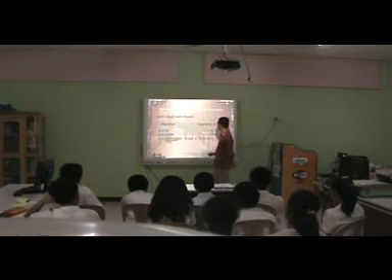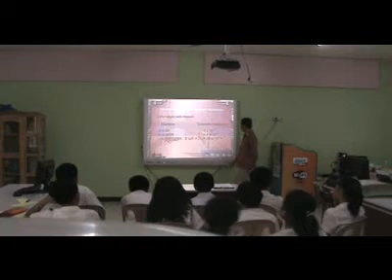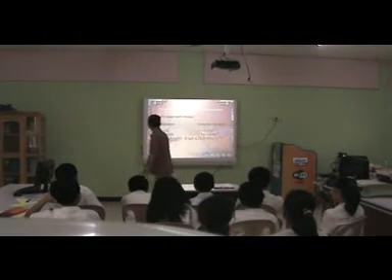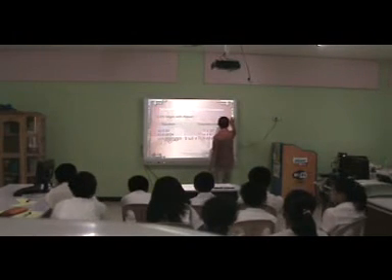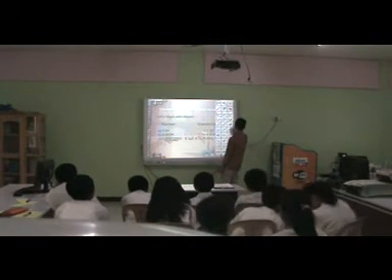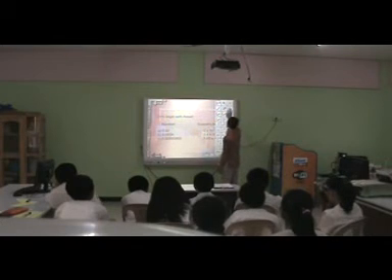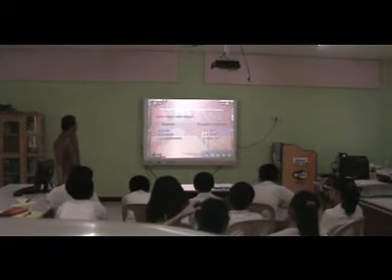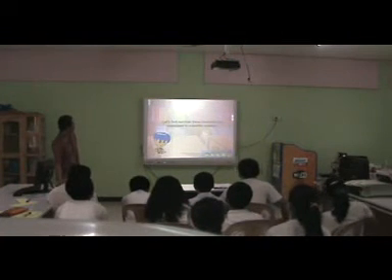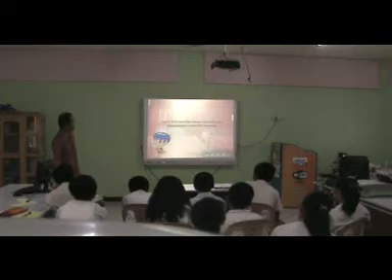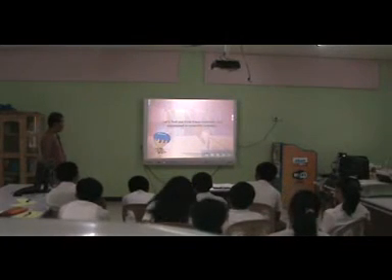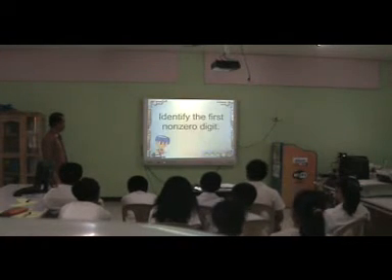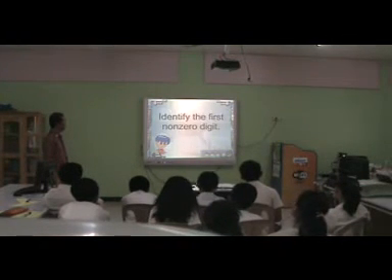Okay, next one. Find out how these numbers are expressed in scientific notation. First, identify the first non-zero digit.